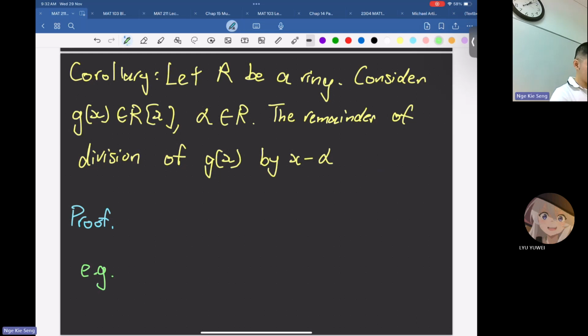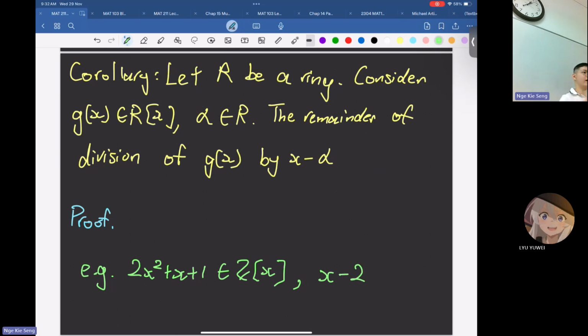So let's take x squared plus x plus 1 in Z[x]. And then let's take x minus 2.